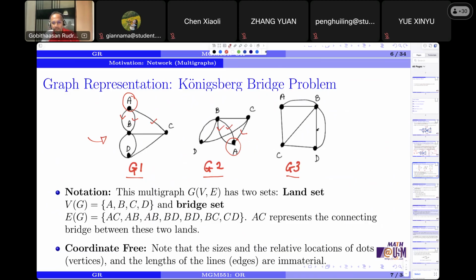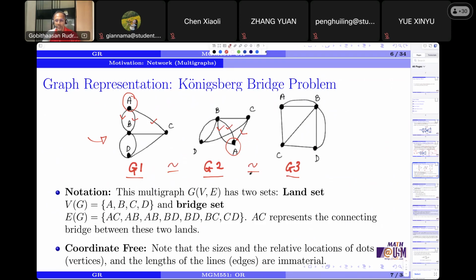This is what it means by angle and length do not matter. Whether you connect them with a straight line or a curvy line does not matter at all, as long as similar edges are connected in a similar way. In graph theory, we call it isomorphic. So G1 is isomorphic with G2, and of course also with G3.